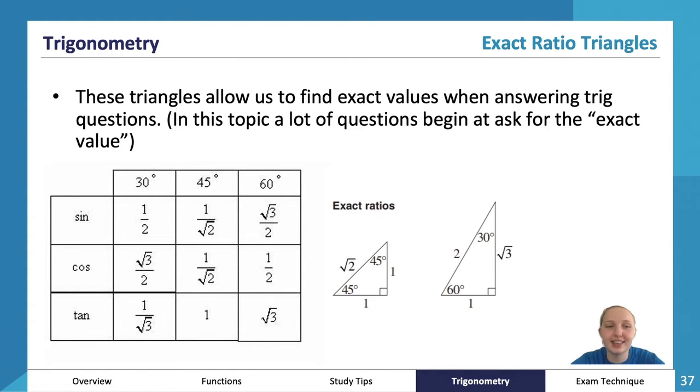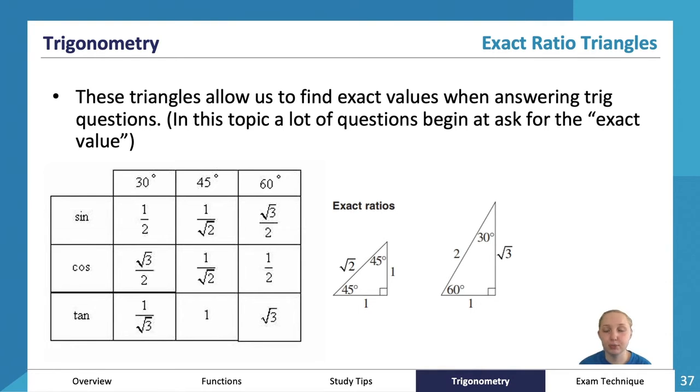You'll find that when you're doing this topic, specifically in year 11, a lot of your questions are going to begin with using the exact value or find the exact value of. Essentially what they're getting at is they want you to use these ratios to find exact values. The reason that they're called exact is because a lot of them use surds. So essentially they're asking for the non-decimal form of the surd.